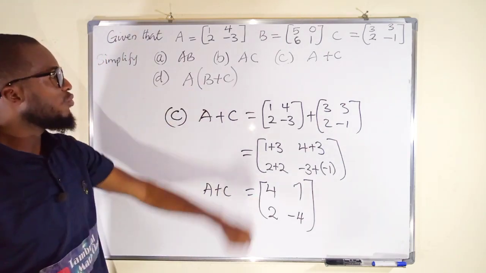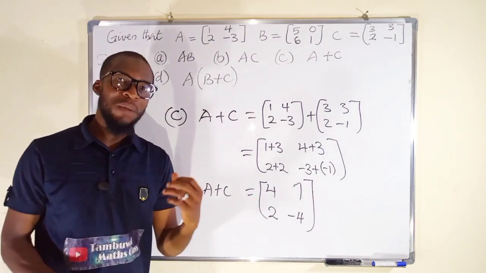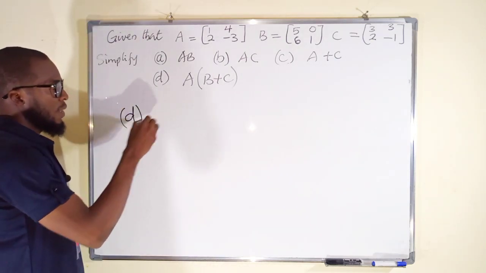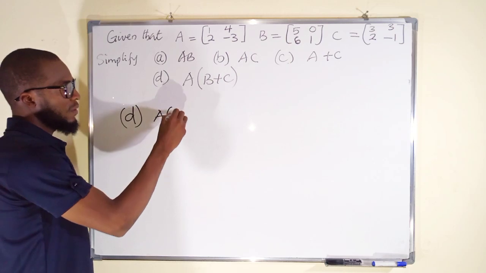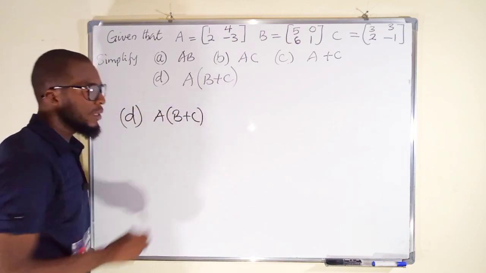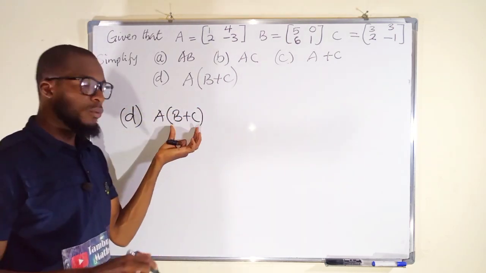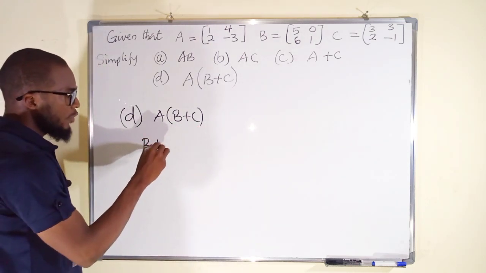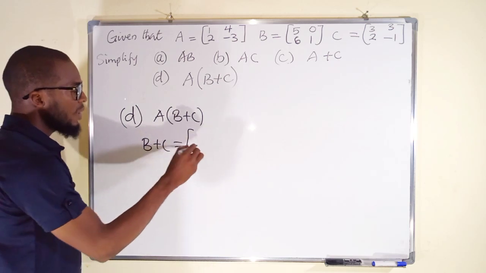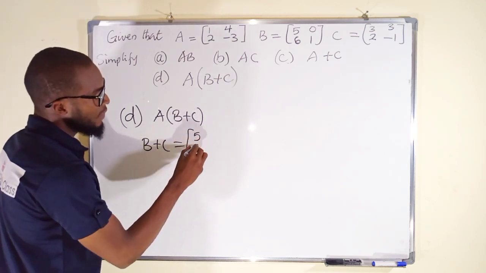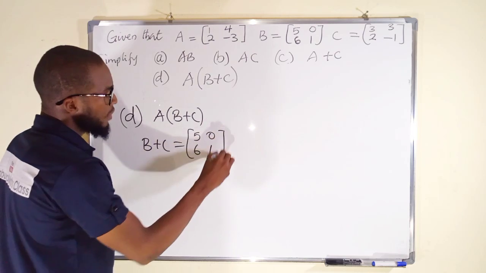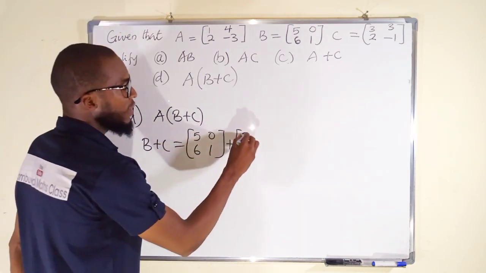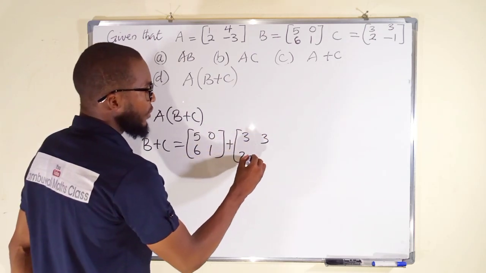Now let us move on to the last one, which is A multiplied by B plus C. The D part, we want to simplify this. As always, we can apply BODMAS. We start with the bracket first. The bracket is B plus C, where matrix B is 5, 6, 0, and 1, and for the matrix C, we have 3, 3, 2, -1.